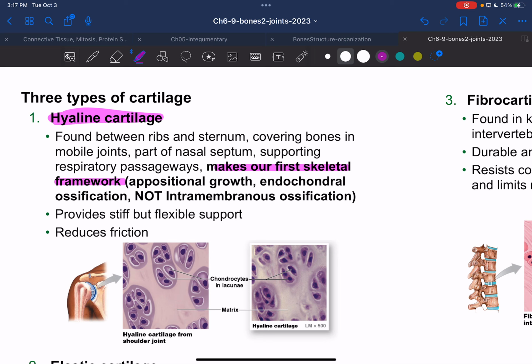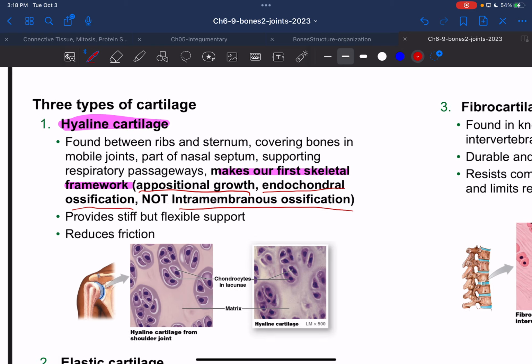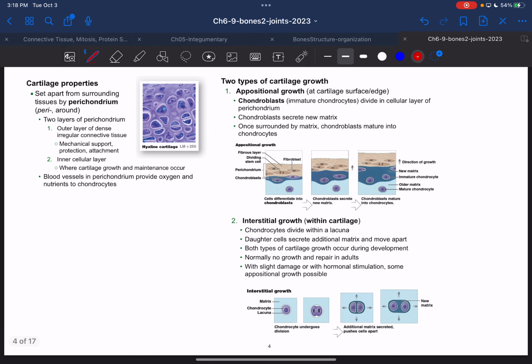These are the 3 forms of growth that you see: appositional growth, endochondral ossification, intramembranous ossification. And that's really the end of bone, is to really just understand what those types of growths develop into and where and how they grow. So let's move on into that.